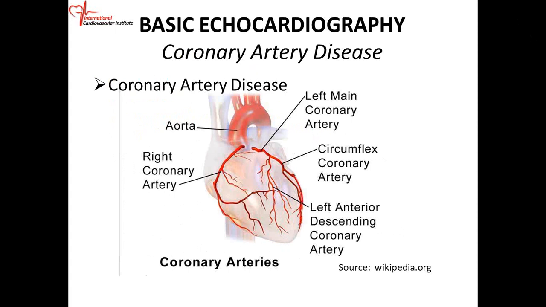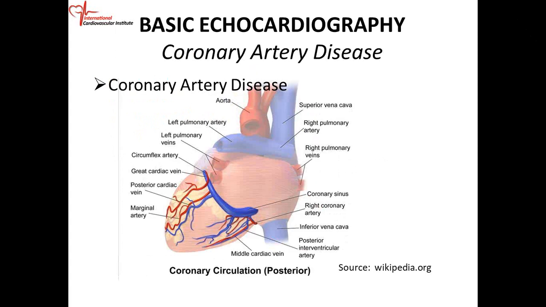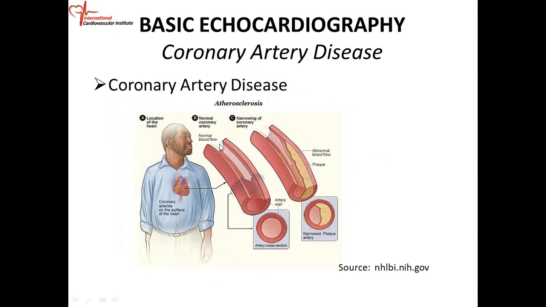And then the LAD and circumflex, if you have occlusion of those blood vessels, then the territory supplied by those arteries will be affected. So just looking, we said the circumflex loops around the back of the heart, okay? And the back of the heart looks like that. Okay.